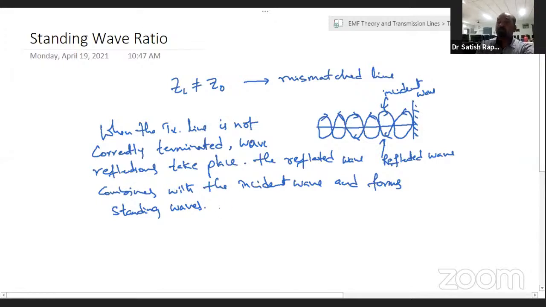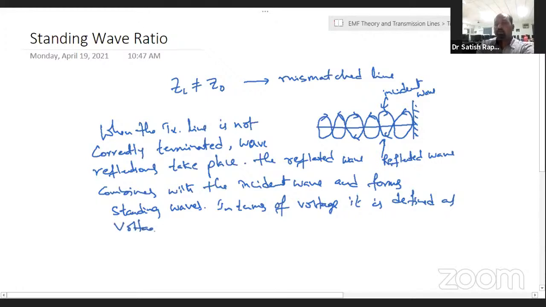If it is in terms of voltage, then we call it voltage standing wave ratio, VSWR.